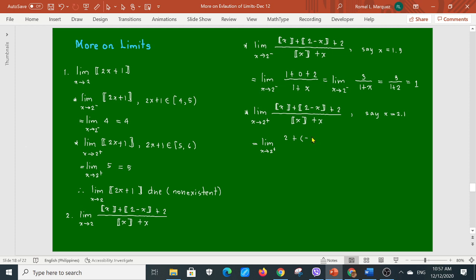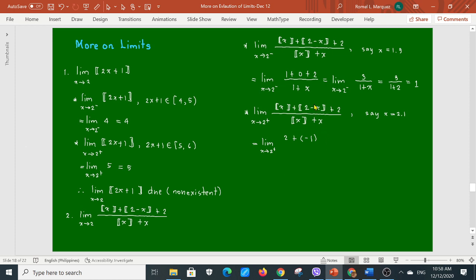Negative 1, right? Am I right, guys? Yes, sir. Okay. So you have negative 1. If your x is close to 2, say 2.1, from the right of 2, then the greatest integer of 2 minus x is always negative 1. Of course, that is close, you don't go to the next interval, which is another possible constant value of this greatest integer.